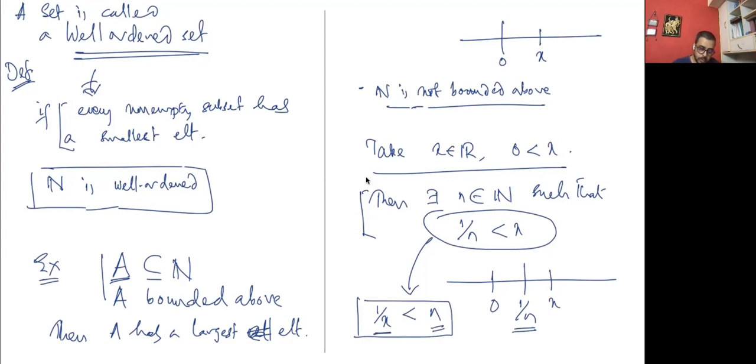But this is exactly saying that N does not have an upper bound, right? Because if there was no such n, then every element in this set would have been on this side of this number, and this would have become an upper bound, which cannot happen. So that's why you'll be able to find something in N which is bigger than this, which is the same as this inequality. Okay.